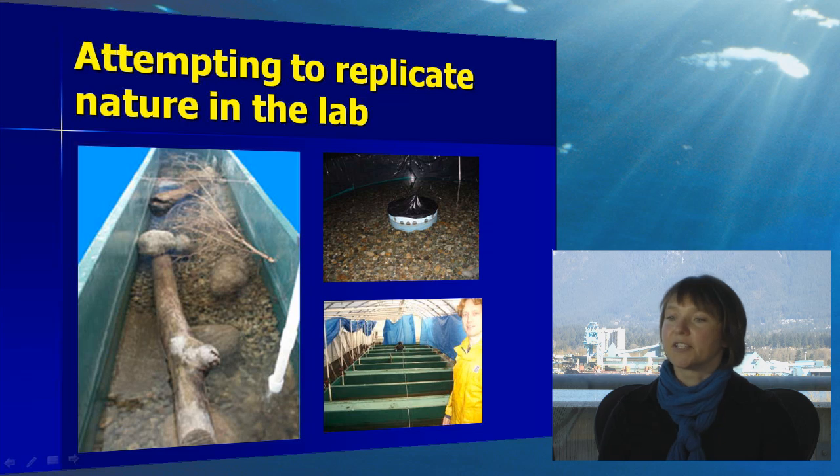So trying to restructure tanks and build streams within the lab that we can use to recreate more natural rearing conditions for these fish. So we can try to see what the transgenic fish might look like and what their fitness might be if they were in the natural environment.